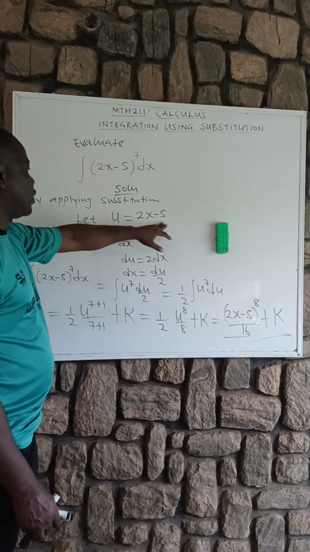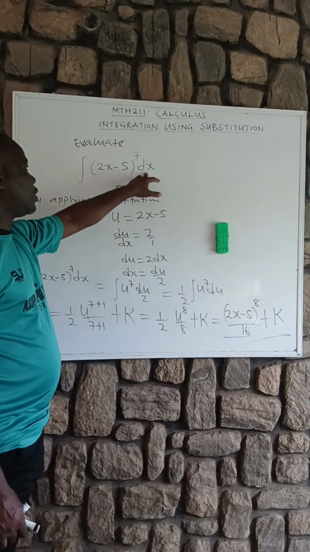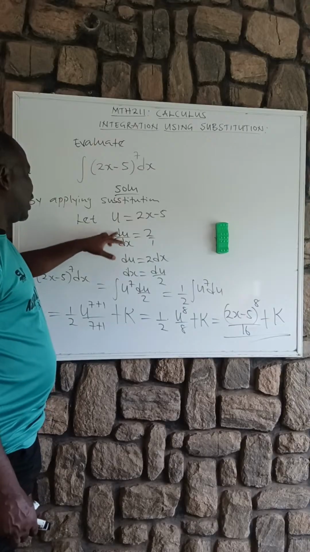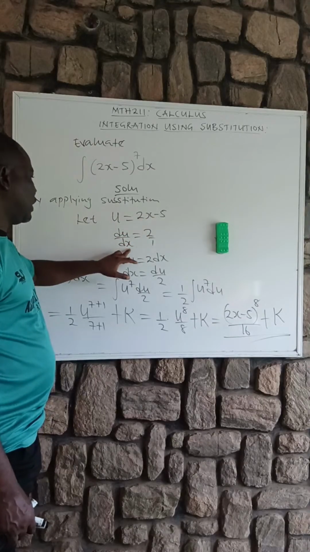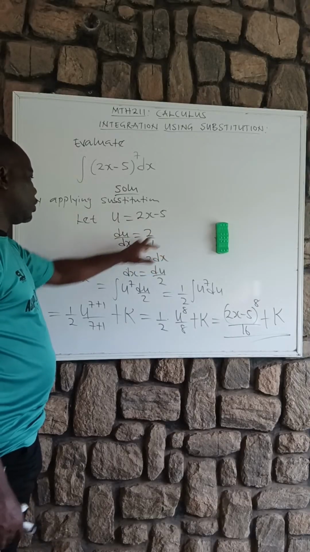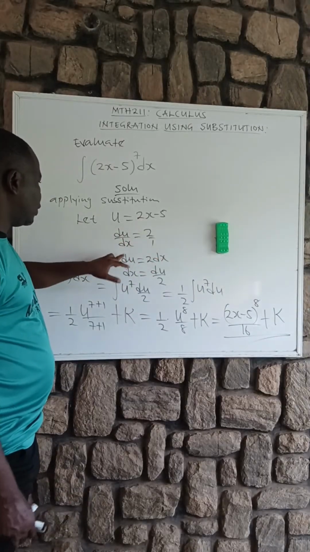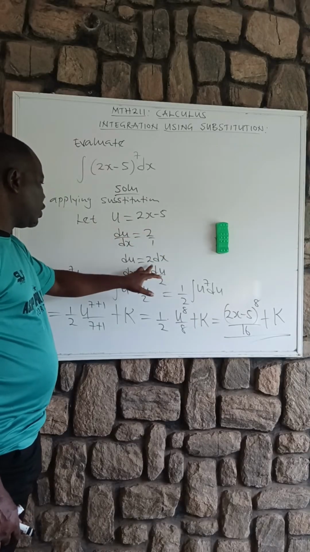So as it is, we have to differentiate it with respect to x, because we want to substitute in for dx. If you differentiate this function, we are going to have du all over dx equals 2. But note that there is an invisible 1 because we want to cross multiply. If we cross multiply, 1 times du is du, then dx times 2 is 2 dx.